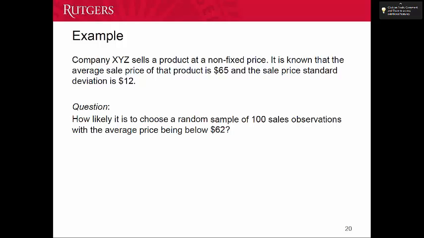Please note that here we know nothing about the distribution of the population. What we only know is that this $65 is the mean of the whole population, and the $12 here is the standard deviation of the whole population. Because the sample size here is 100, which is quite large, we can use the central limit theorem and the sample means that we have learned to solve this question.